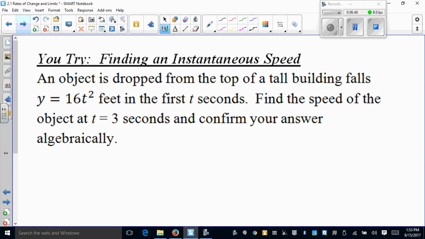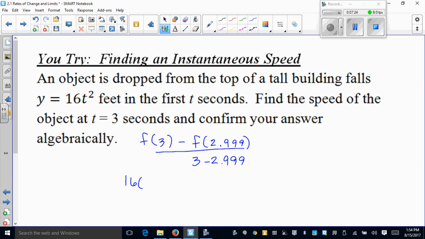So let's try the falling from the building. This time I want to do exactly at 3 seconds. Same thing. We can't do f of 3 minus f of 3, so we're going to take a number very, very close to 3. We're going to do f of 3 minus f of 2.999 all over 3 minus 2.999.